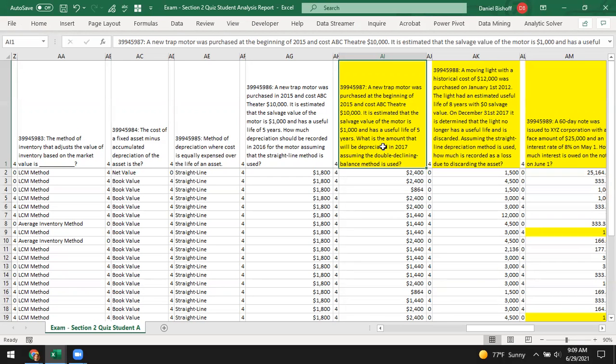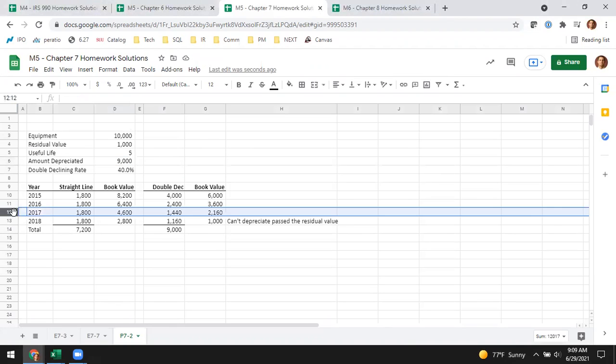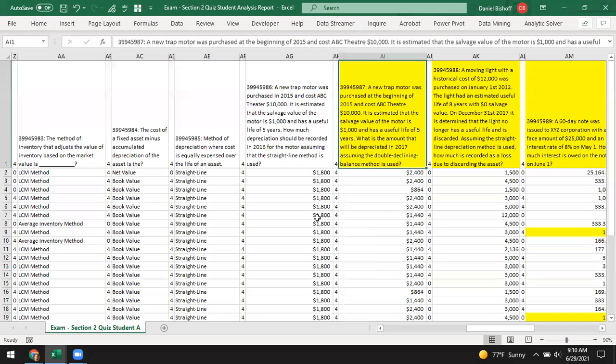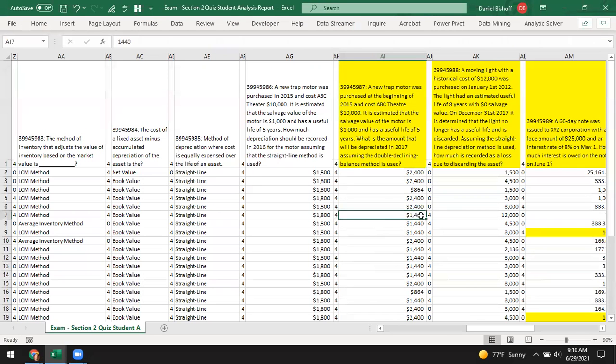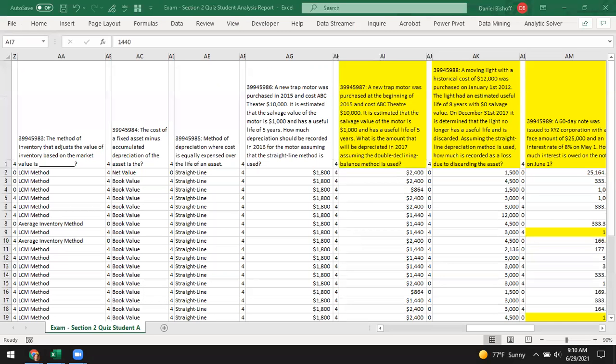What is the amount that will be depreciated in 2017? I go to set 2017 for double declining balance, and it is 1440. And 1440 is the correct answer. So I will go through that, but I didn't have to do anything because I'd already set this up. And all of you had already set this up in your homework problems as well.